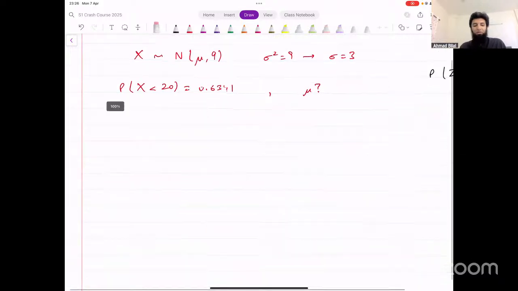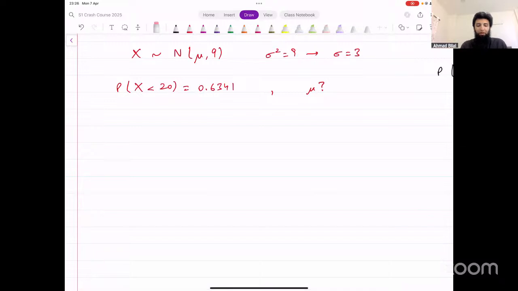Okay, now what's the process for this? First of all, you think of this in terms of z. You are given probability of x is less than this, but the table is in the form of z. So you think of this in terms of z instead. You say, okay, probability of x being less than 20, that is equal to 0.6341.